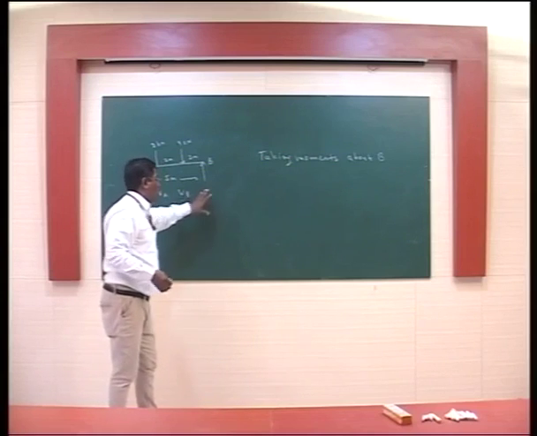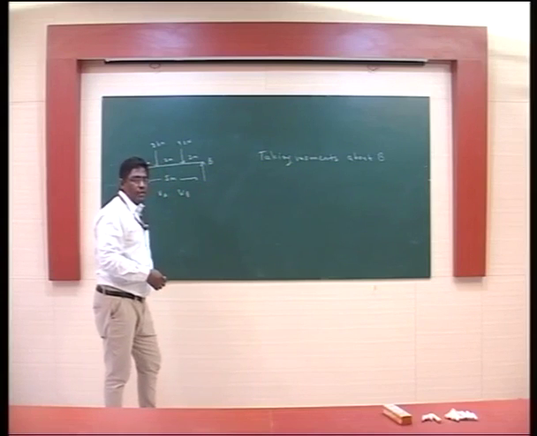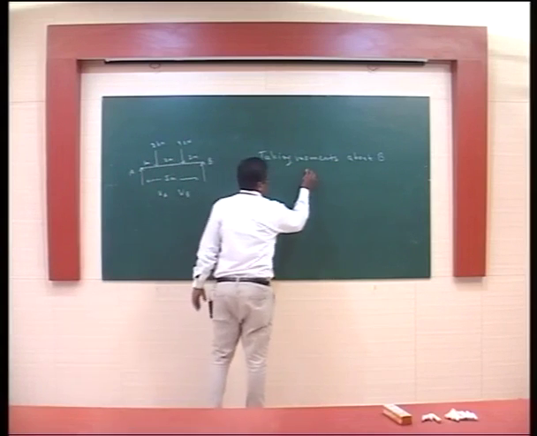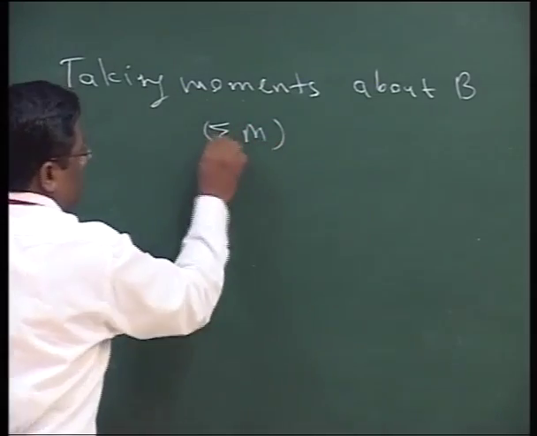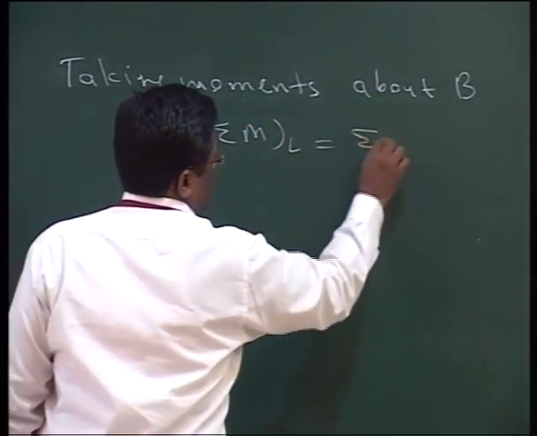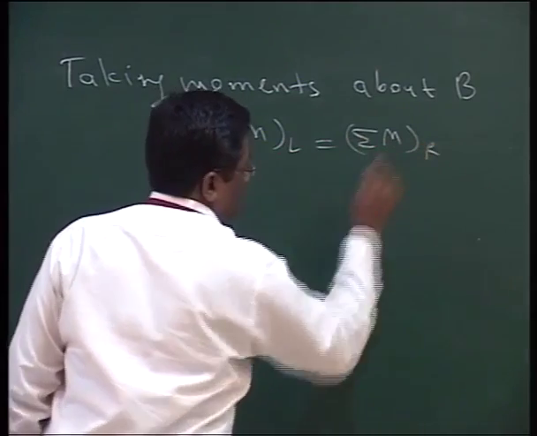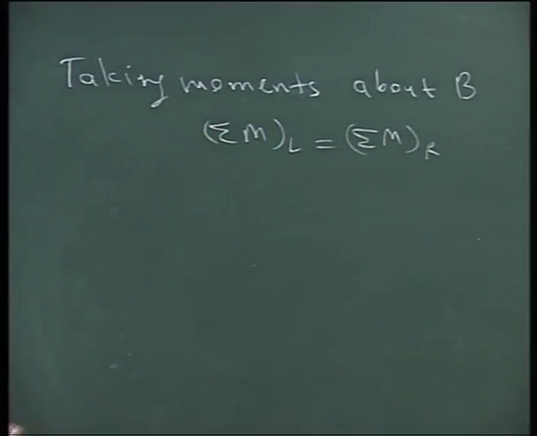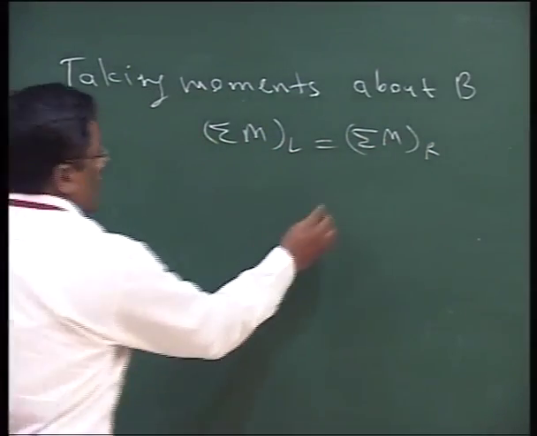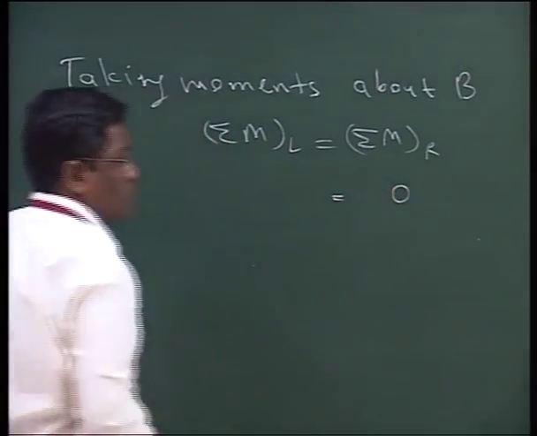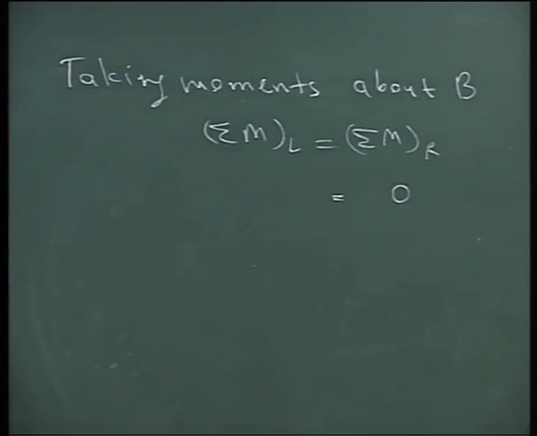Now all the forces are on the left side of B, whereas there is no force on the right side of B. That means sigma M of left hand portion has to be equal to sigma M of right side portion. Right side, no force, so it is 0. Now we talk about the left side.